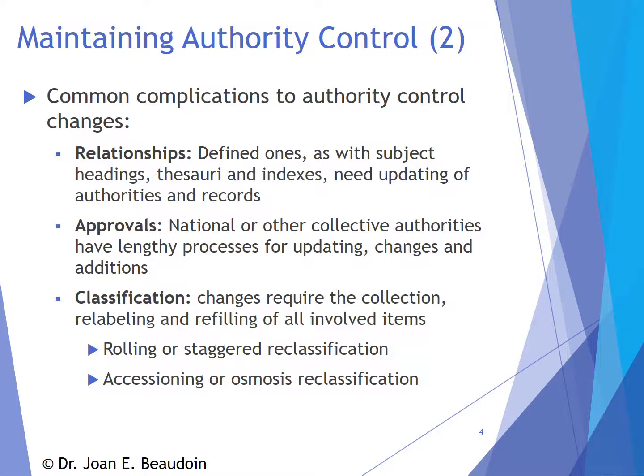Since they're national and international in scope, they have a very lengthy vetting process where numbers of individuals and organizations actually have to agree on what the update will be. So it's a lengthy process. That means that any changes or additions can take time, and so you may be kind of held in the balance there.